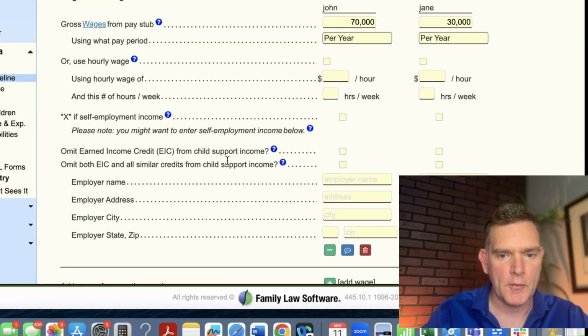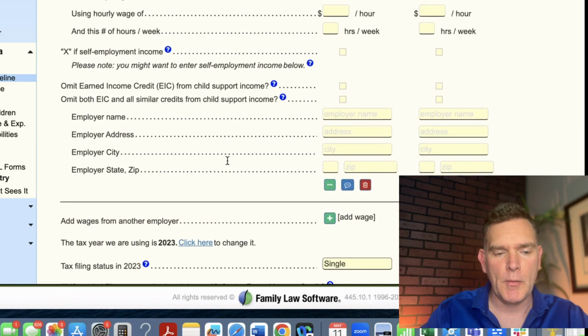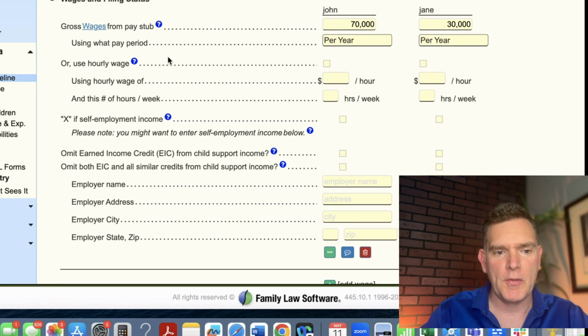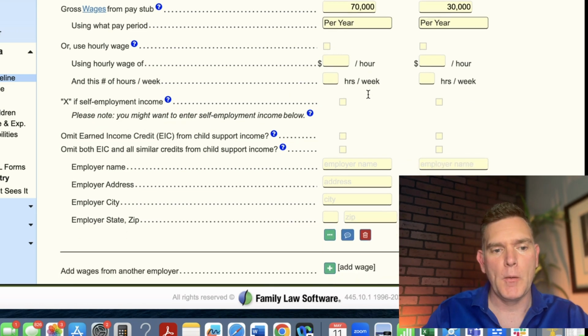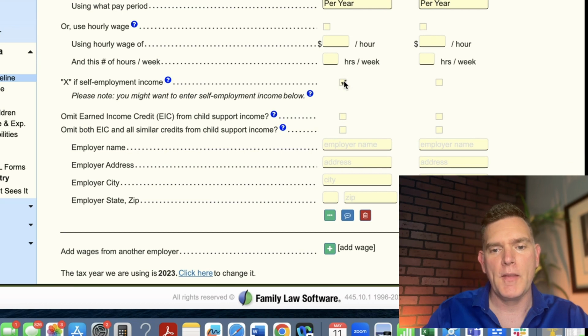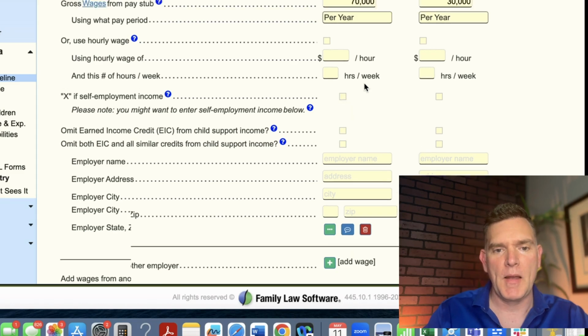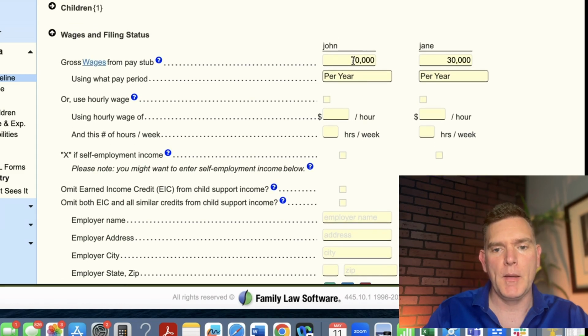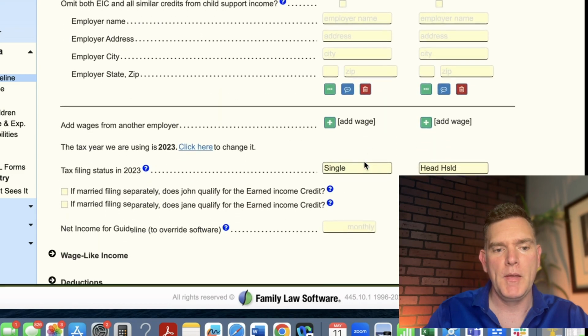Definitely not a mathematician. And then there's places here if someone's self-employed. Obviously, we can check off that they're self-employed because let's say if dad was self-employed, we would check this off. And what that's going to do is attribute those higher self-employed taxes to him, and it's going to change that amount. So we're going to put in 70,000 for dad, 30,000 for mom.